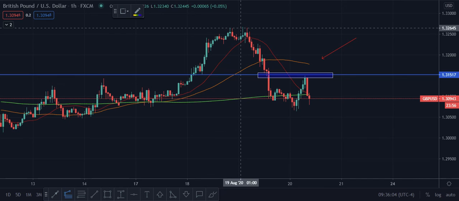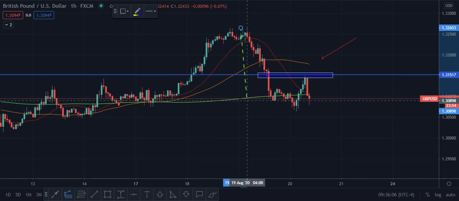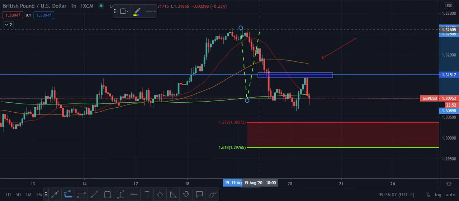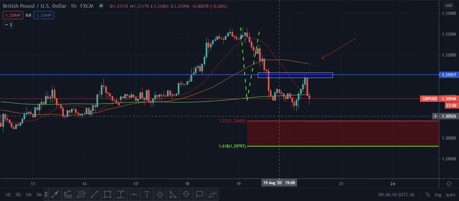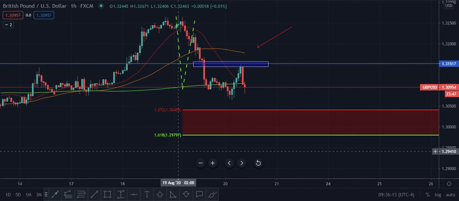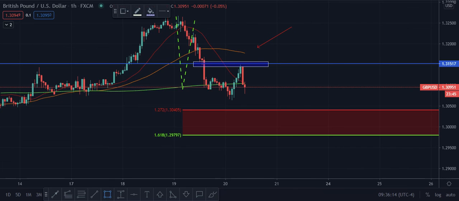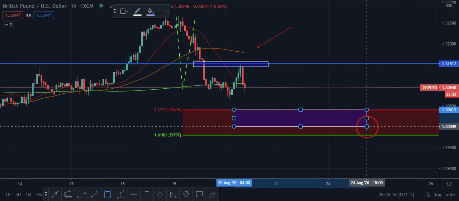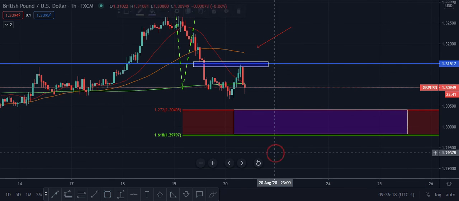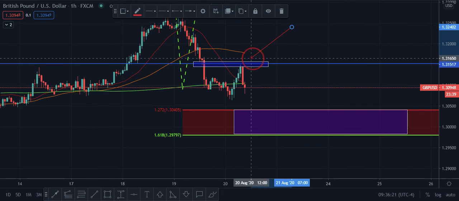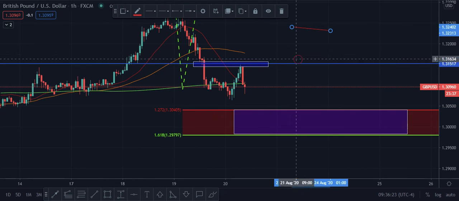Okay. We can measure here to here, bring it back. Boom. So we can look for this. We can look for price to possibly come back into this area. And that's what we're looking for. All right. Price coming down here.